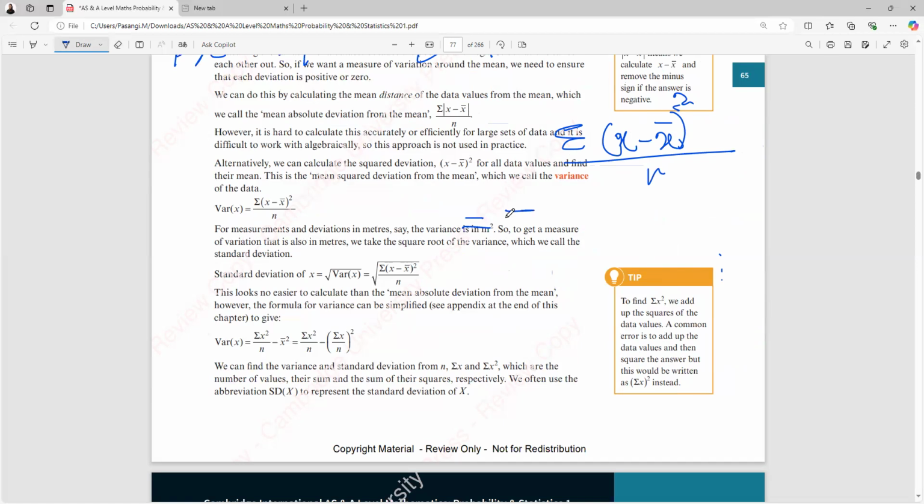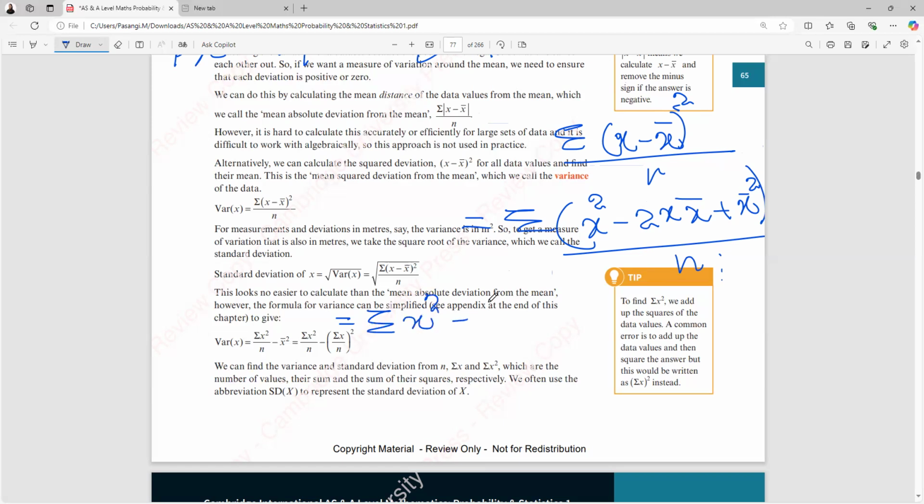If I remove the brackets and write it, x squared minus 2x x bar plus x bar squared, right? And then we divide by n. That means we have sigma x squared minus sigma 2x x bar plus sigma x bar squared, divided by n.